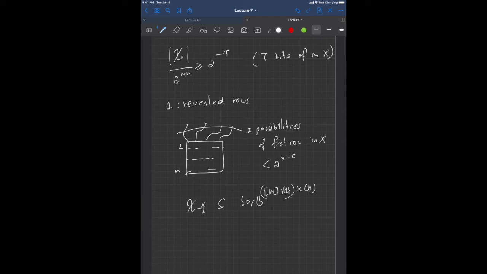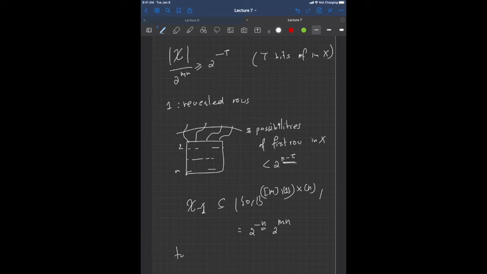Originally you had 2 to the mn matrices. The cardinality of this universe is nothing but 2 to the minus n times 2 to the mn. So you kind of lost n minus tau bits of information, but by looking at this restricted universe you gain another n bits of information.